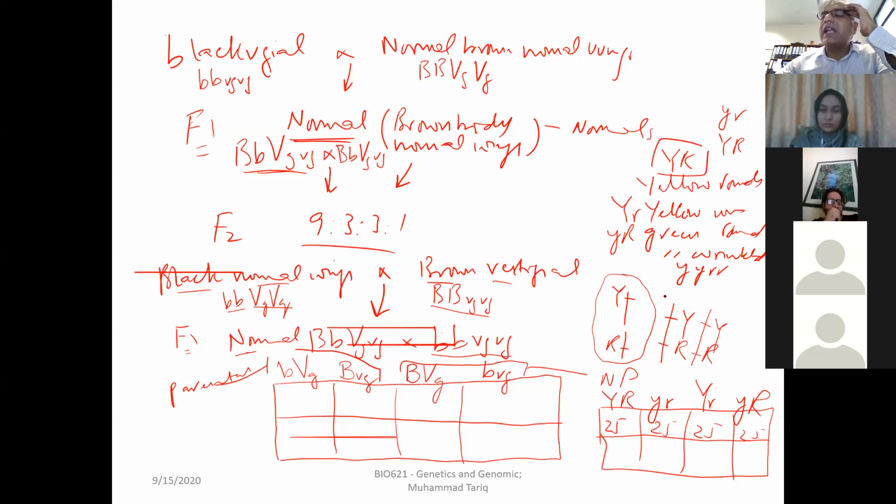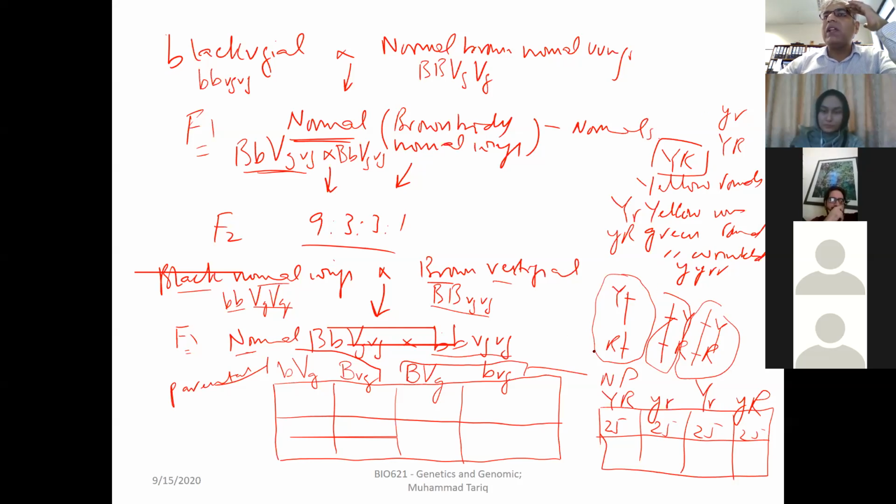Each parent can contribute only half. So this should go to one gamete, and this should go to the other gamete in F1. The other parent should contribute small y, small r.